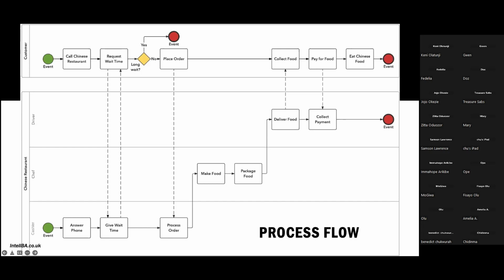But some schools of thought say separate the external lane from the organization so that you can identify them as external. It's not a process for the organization. It's just what the customer does. We don't have any control over what they do, right? That's why it's separate from the lane.